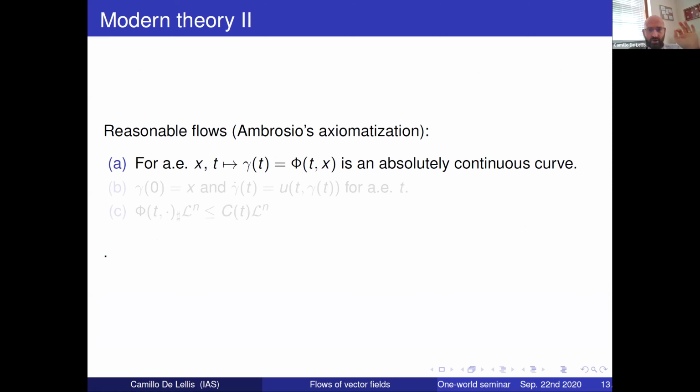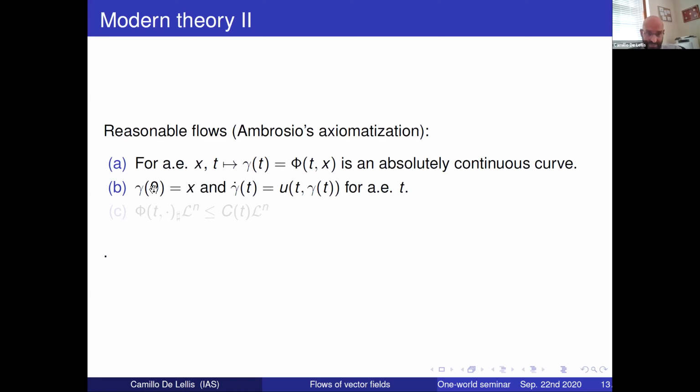What I actually require from the flow is the following. First of all, for almost every x, when I look at the trajectory gamma of t equal to phi of t, x, I get an absolutely continuous curve. This absolutely continuous curve has to be, in fact, a solution of my ODE in this sense. An absolutely continuous curve is differentiable almost everywhere.